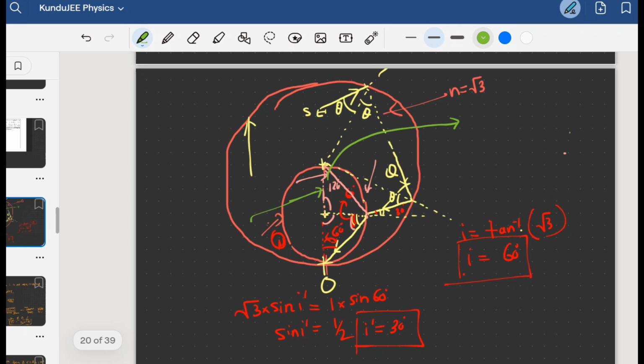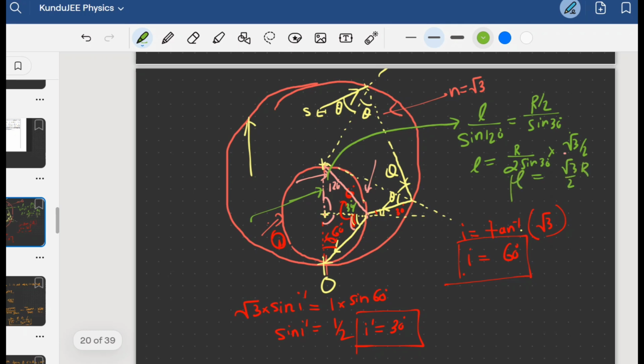Let us consider this length to be L. So L by sine 120, the opposite angle, is equal to r by 2 by sine 30 degrees. So we will be able to get the value of L. L is r by 2 sine 30 into sine 120, which is root 3 by 2. So ultimately I am getting the value of L to be root 3 by 2 into R.